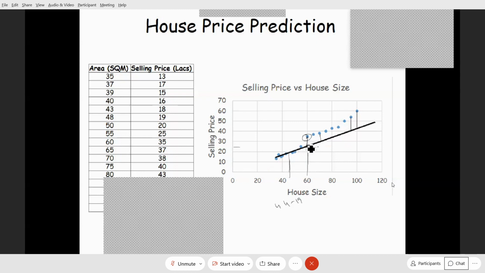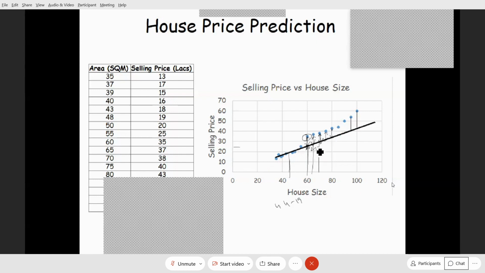So how far is the real answer from the point that my model is going to estimate? This distance is my error, the distance of the point from the line, because this is what my system would estimate and this is what actual is given. This minus this gives me the error.